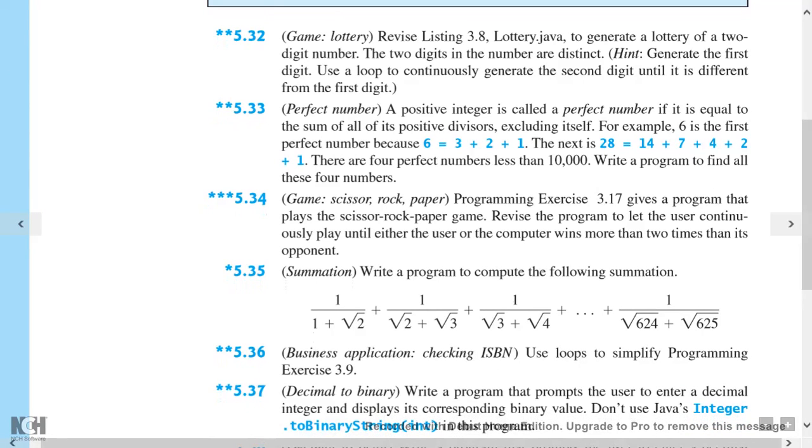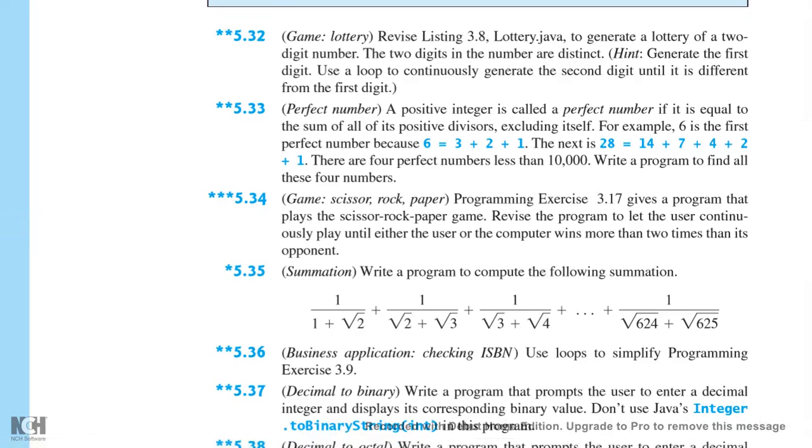A positive integer is called a perfect number if it is equal to the sum of all of its positive divisors, excluding itself. For example, 6 is the first perfect number because 6 is equal to 3 plus 2 plus 1.